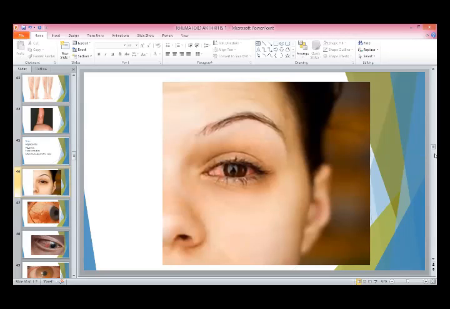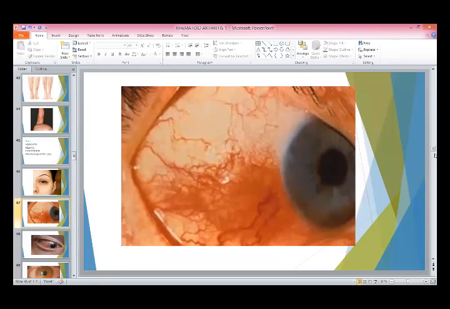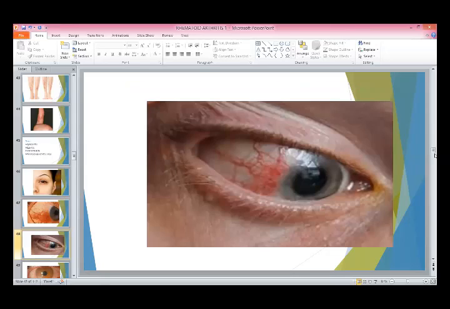You can see the involvement, this is congestion, scleritis, episcleritis, a closer view of the congestion of the eyes, but typically redness. This is episcleritis. Again, another view.